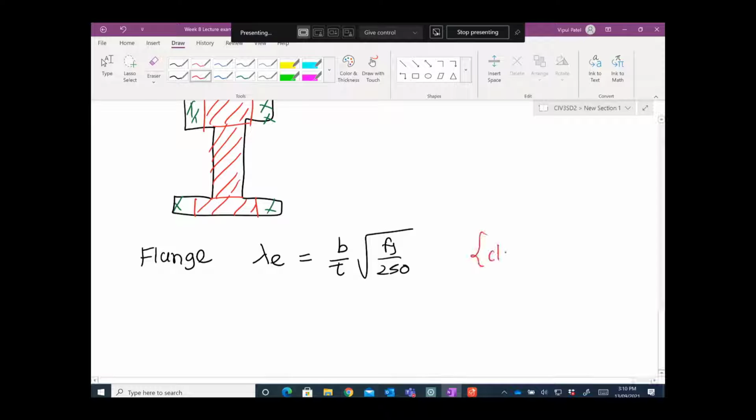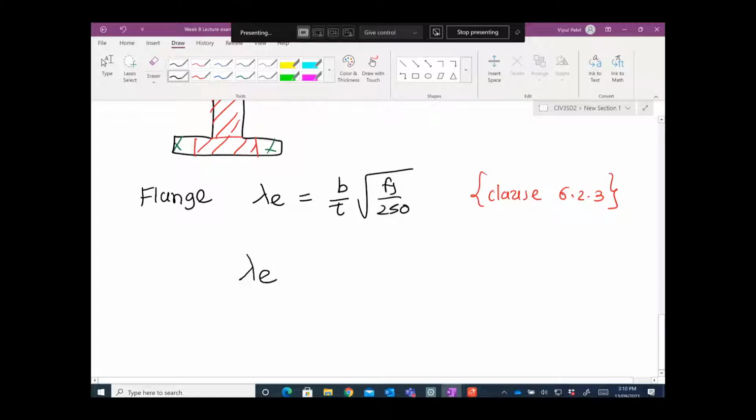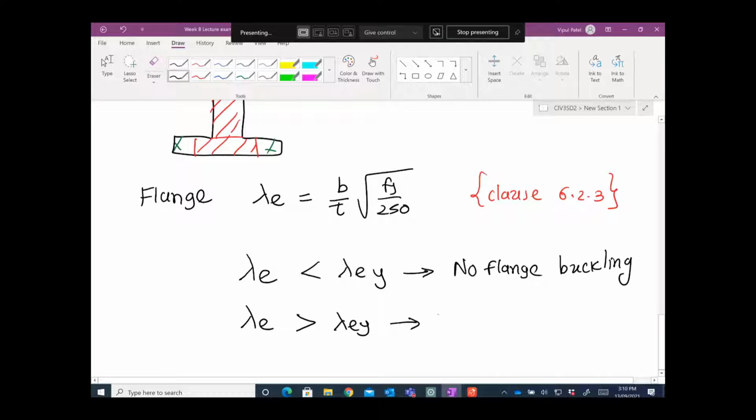By the way, that is coming from clause 6.2.3, and we will check, meaning lambda e is, let's say, less than lambda ey, then you have no flange buckling, right? Meaning we don't need to calculate the b effective. And if lambda e is greater than lambda ey, we say that flange buckling occurs. So there are two conditions, okay?